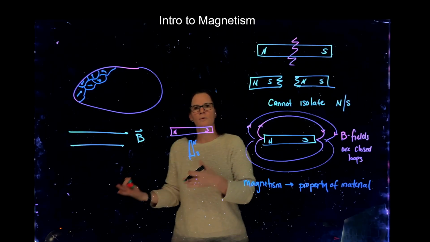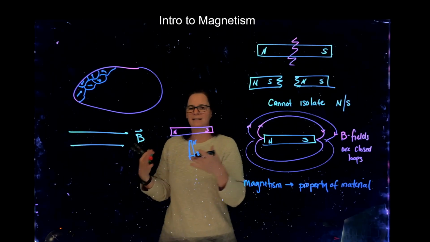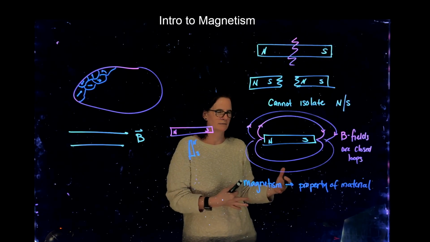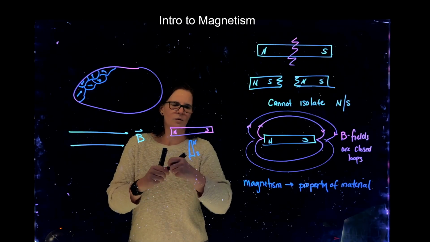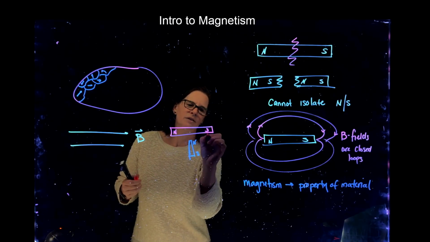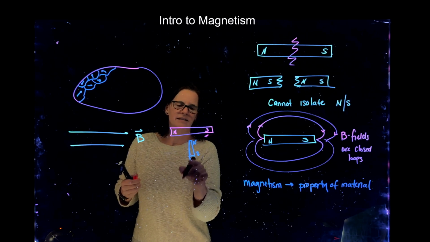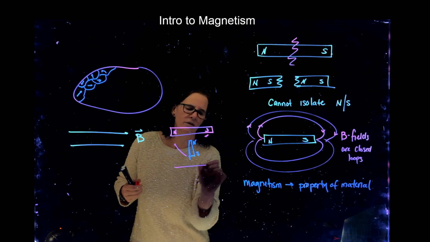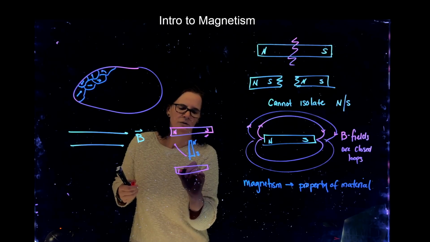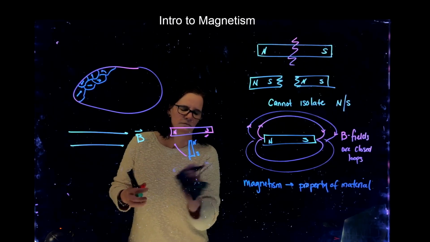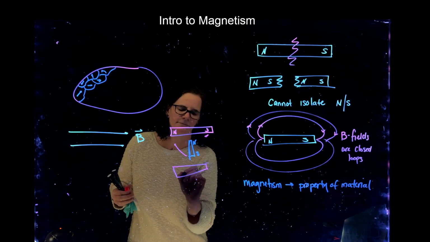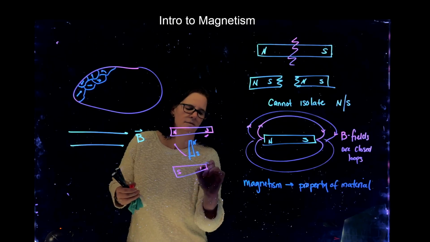Well, we know that norths repel the north and the south attracts the north. So this north end is going to want to align with the south, and the south end is going to want to align with the north, and the magnet is going to want to align.